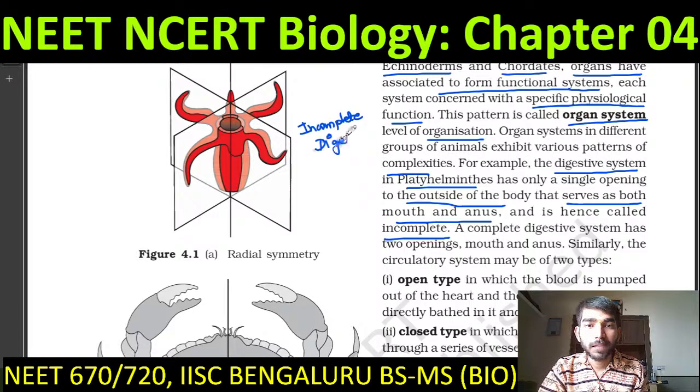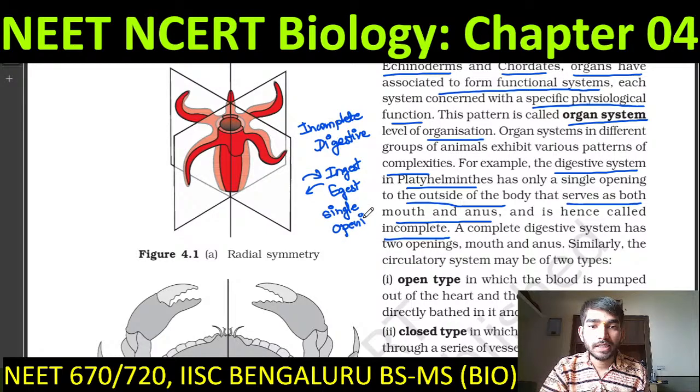It simply means that there is only one opening which will serve as both the anus as well as the mouth. So ingesting and egesting both will happen through a single opening. And this is called an incomplete digestive system.